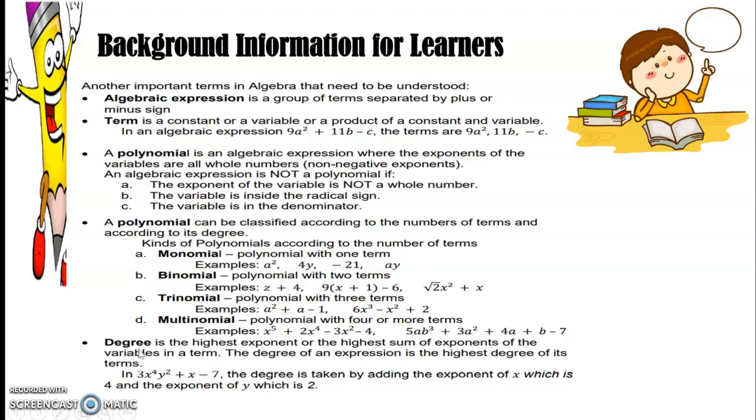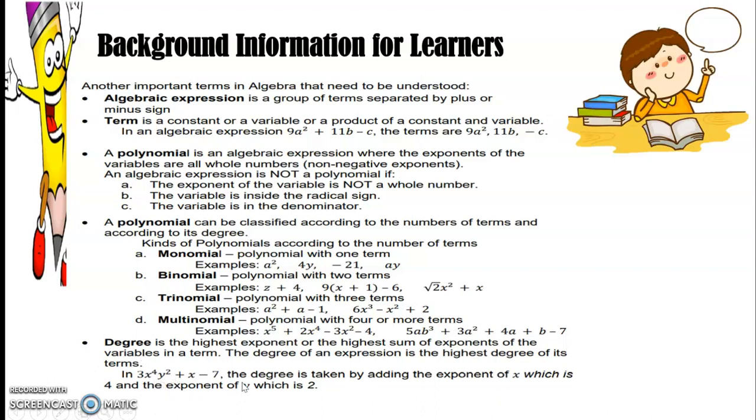Degree. Degree is the highest exponent or the highest sum of exponents of the variables in a term. So the degree of an expression is the highest degree of its term. So here, in 3x to the 4th y squared plus x minus 7, the degree is taken by adding the exponent of x, which is 4, and the exponent of y, which is 2.